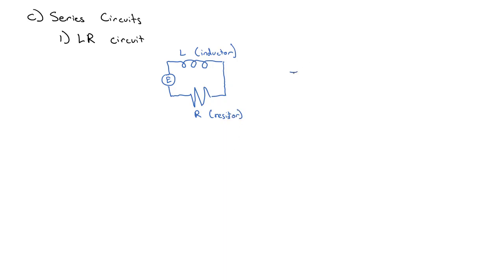And if we say I is the current flowing through this system, it turns out we can get the differential equation L times I prime plus R times I is equal to the amount of energy coming out of that energy source, whether that's a battery or some other type of energy source.